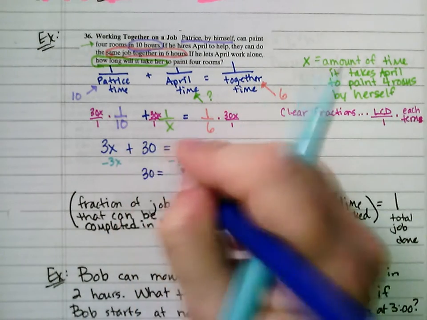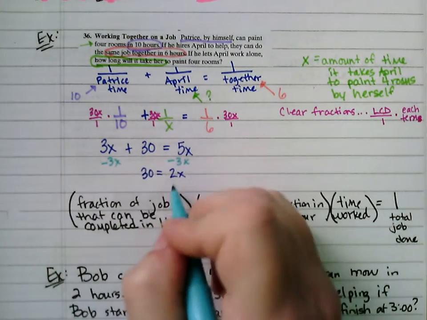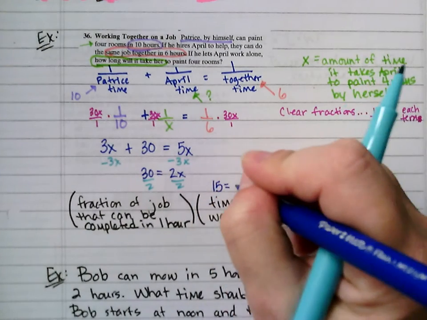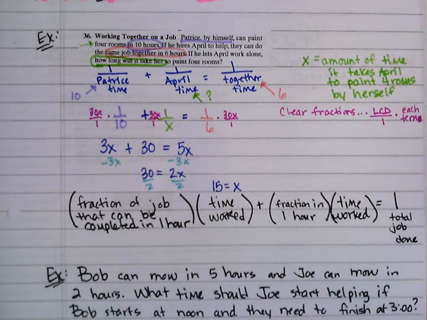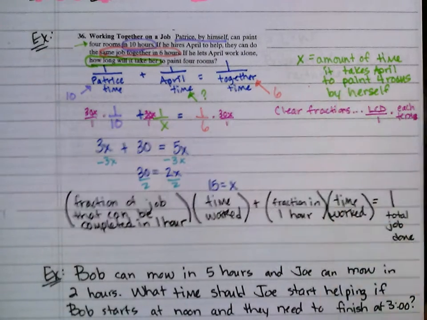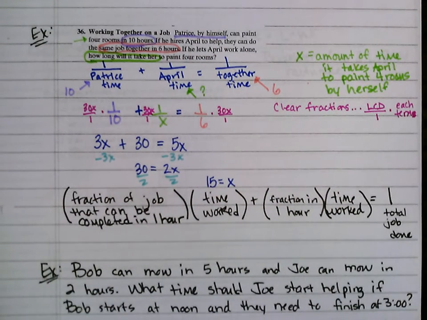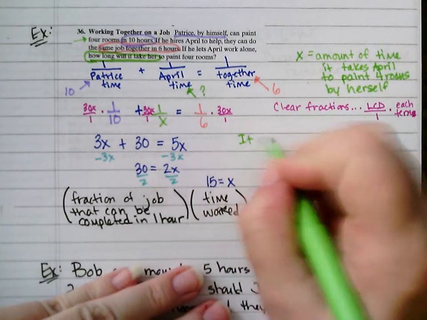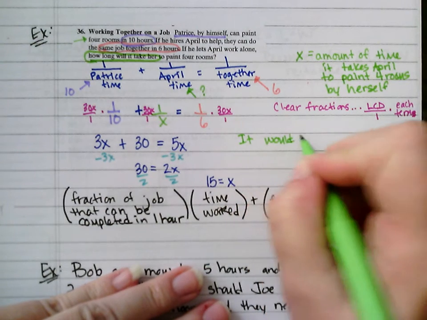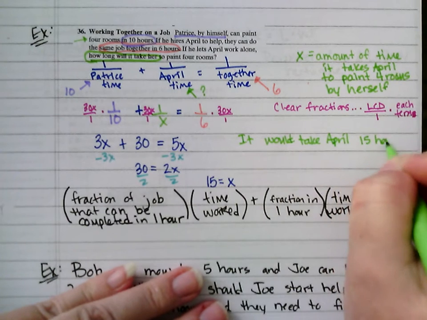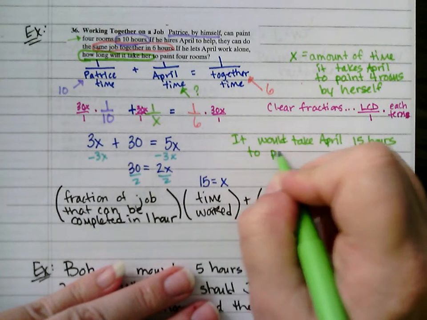So 30 equals 2x, which leaves us with 15 equals x. Now we already know what x represents. X represents the amount of time it takes April to paint 4 rooms by herself. So then we are done with our problem except for stating the answer. It would take April 15 hours to paint 4 rooms by herself.